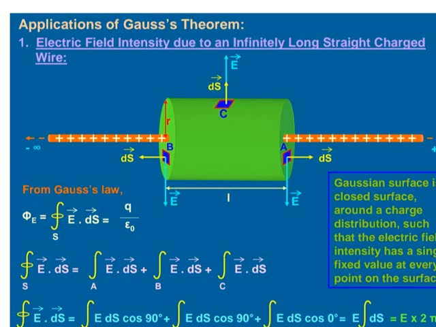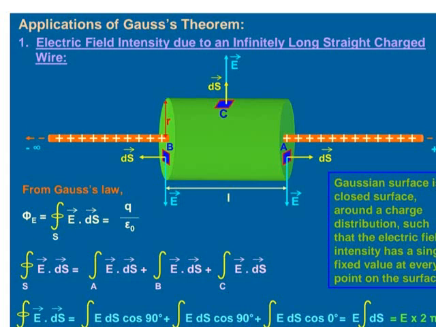Now by using Gauss law, the electric flux phi E is equal to the integral of E dot dS over the closed surface S, and it is equal to the charge enclosed upon epsilon naught, that is Q by epsilon naught.